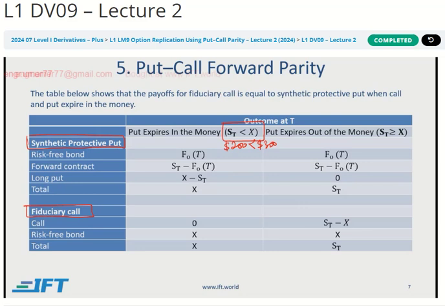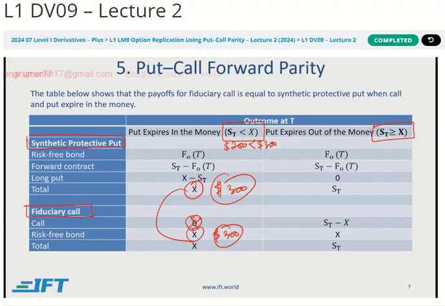On the protective put side, your put option is going to be valuable and you will be able to sell the stock at 300 because you have the right to do that. And on the fiduciary call side, your call option will expire out of the money and your zero coupon bond is going to mature and give you the $300. In both scenarios, you will have an equal payoff.